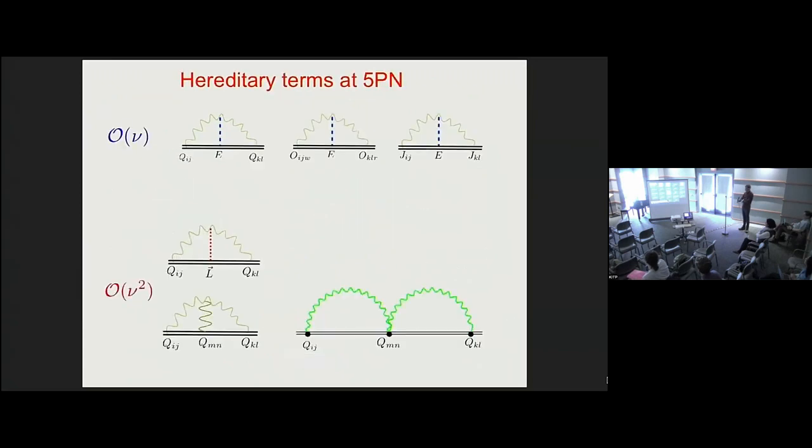These are the 5PN diagrams. If you just sit down and draw the 6PN, they all have this shape, and the rest cannot be worse than that. You can have an octupole here, but that's all. 7PN is different. You have a tail of tail of tail. That's another thing, but I think there is some work on that by Michele Levi and collaborators. But at 6PN, just by power counting and drawing diagrams, you don't expect a priori any major problem from these kinds of diagrams. Surprises are always possible, but a priori I don't expect any.